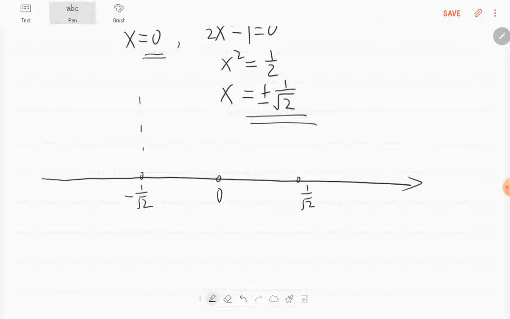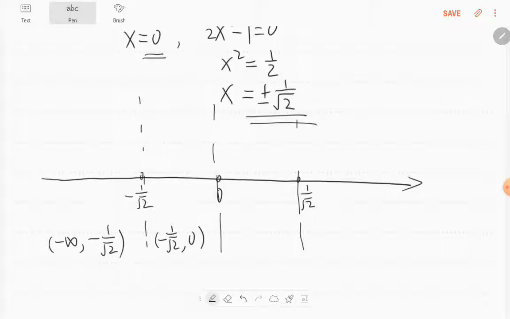So this divides our domain into 4 parts: from negative infinity to negative 1 over square root 2, from negative 1 over square root 2 to 0, from 0 to 1 over square root 2, and from 1 over square root 2 to positive infinity, right?